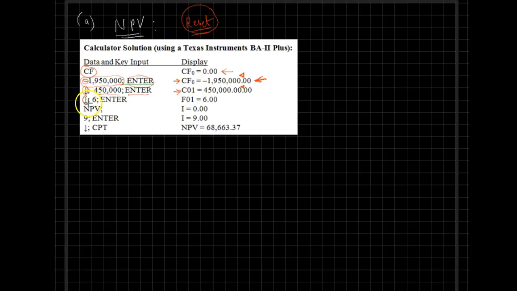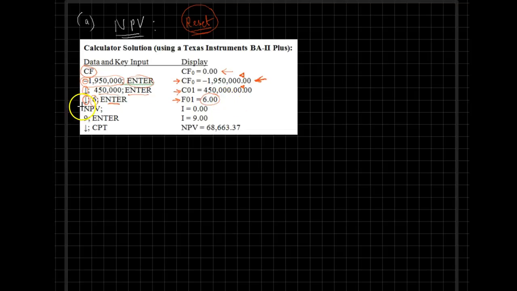But before that, what I can do is press down, and if I just say 6, the calculator will understand that for the next 6 years the project will generate $450,000 returns. So the display of your calculator will show 6.